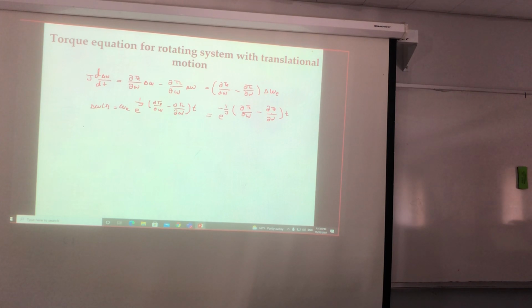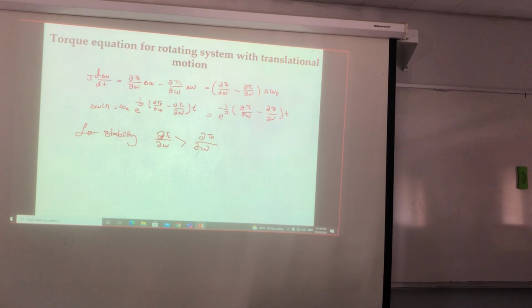So now for stability, partial TL by partial omega must be greater than partial TE by partial omega.